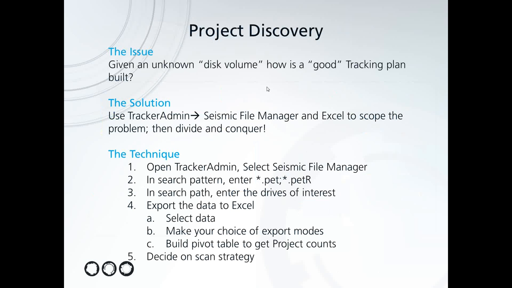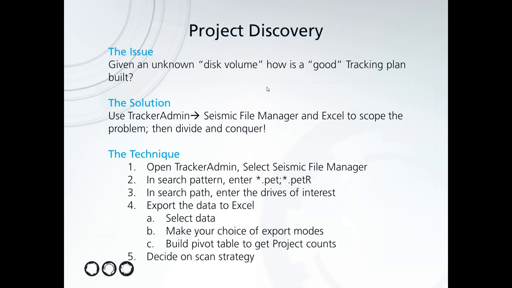So one of the very first things you do in trying to figure out what's happening in your Patrol environment would be a project discovery. The issue you would have at that point is you've got this unknown disk volume and you're trying to figure out a good tracking plan for that.